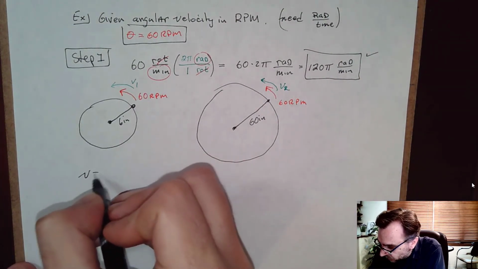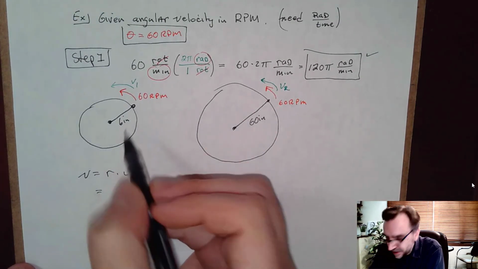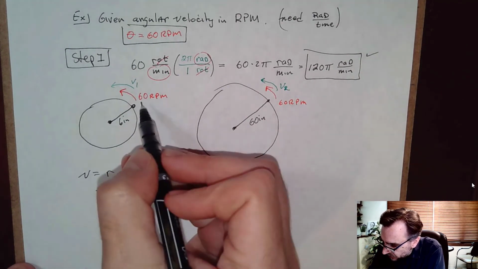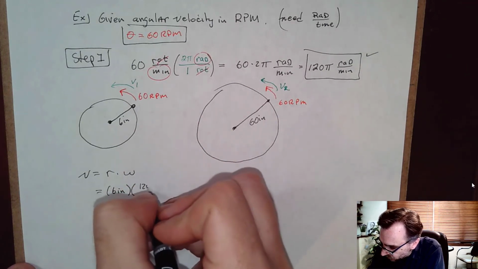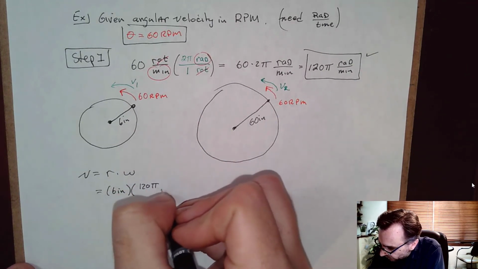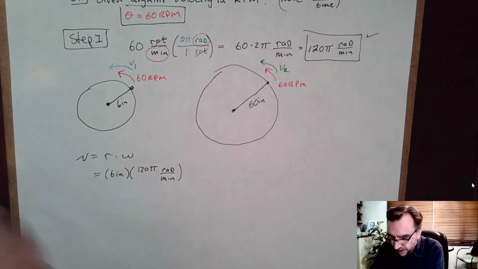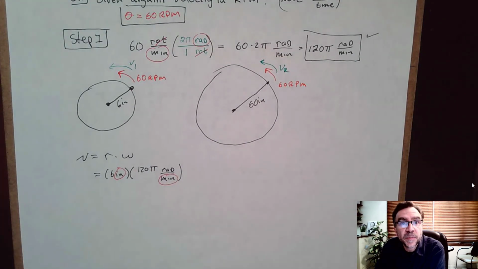Watch. V equals R times omega. The R for the smaller string is 6 inches. So I put in 6 inches, and the 60 RPM is equivalent to an angular velocity of 120 pi radians per minute. When I multiply like that, the units that are left are inches per minute, because radians, remember, is unitless, so it kind of goes away.